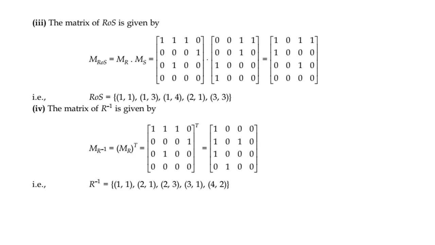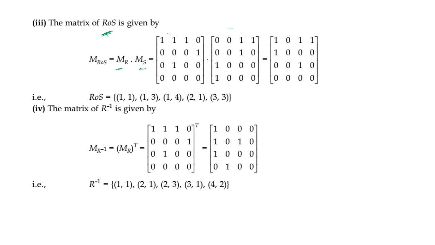The matrix of R composition S is given by multiplication of MR and MS. You have to multiply this by this. Please remember, for multiplication of the two, there is a condition that the number of columns in the first matrix must be equal to the number of rows in the second matrix.